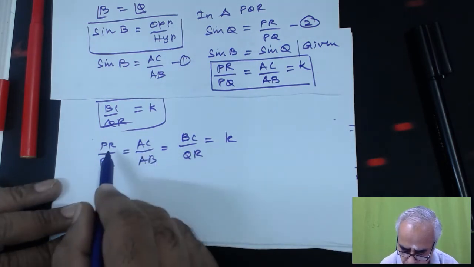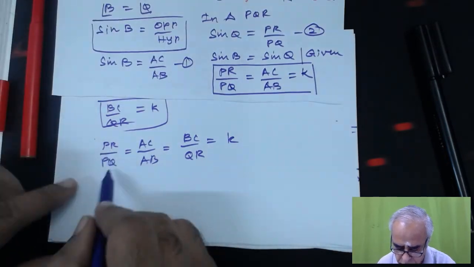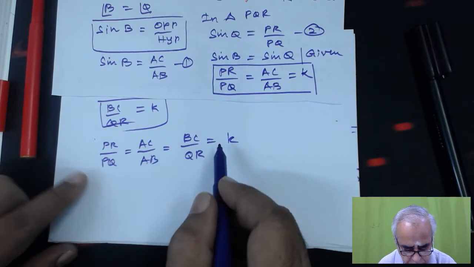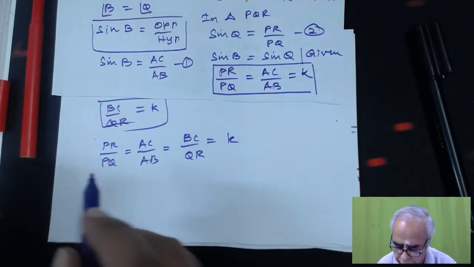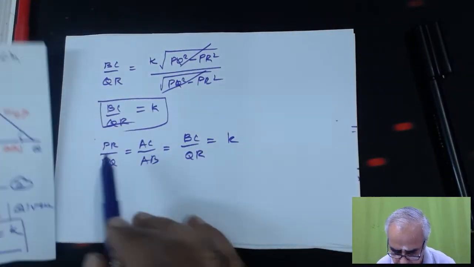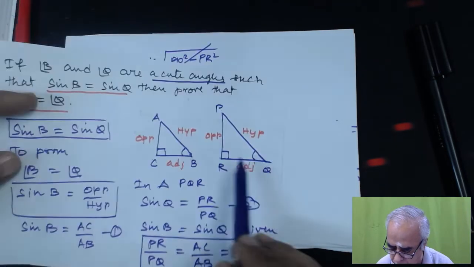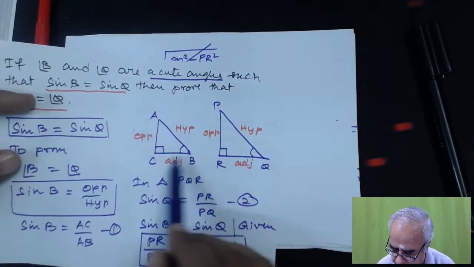So therefore the ratio of corresponding sides are equal, and therefore the corresponding angles should also be equal. Now listen here, it is given PR by PQ is equal to AC by AB, that is equal to BC by QR.